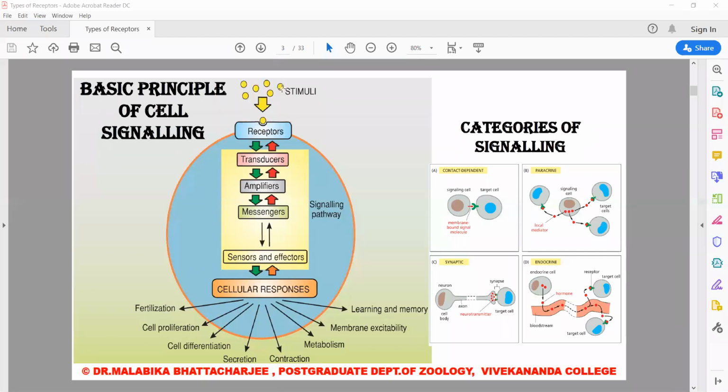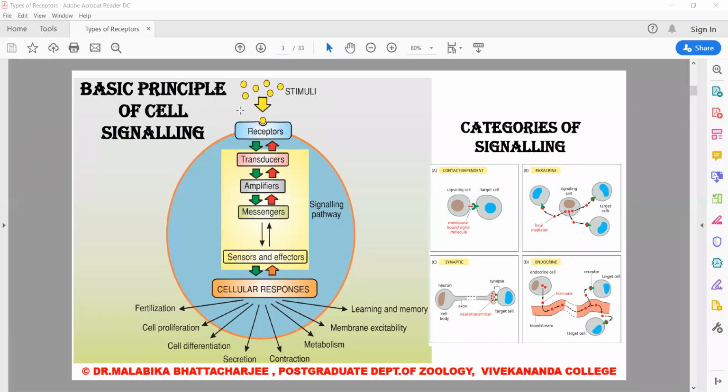So a signaling molecule can be secreted from the neighbor or can travel from a distant place and bind to a receptor on the cell's surface.